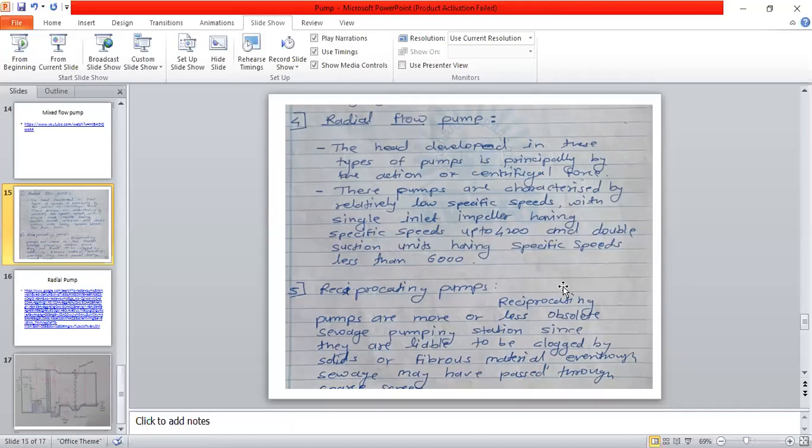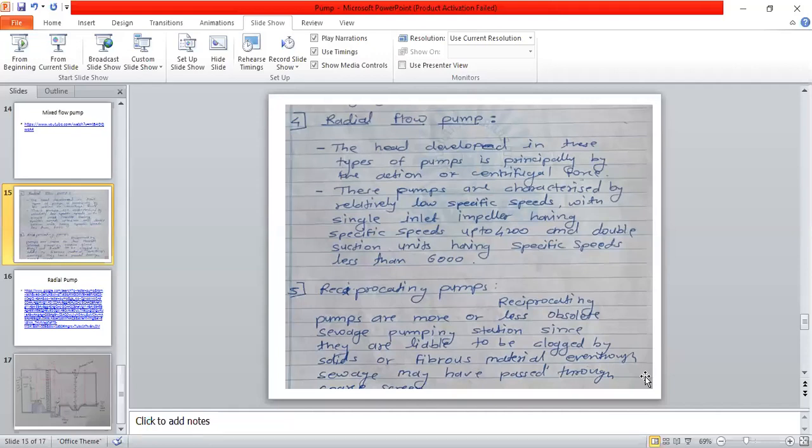That is the reciprocating pump. Reciprocating pumps are more or less obsolete in sewage pumping stations, since they are liable to be clogged by solids or fibrous materials even though the sewage may have passed through a coarse screen. Reciprocating pumps are not used that much the way other pumps are used, because they get clogged.